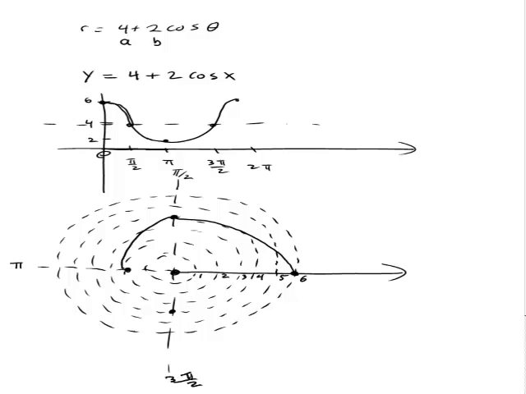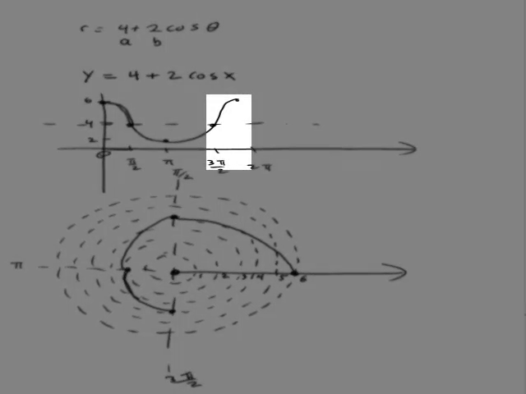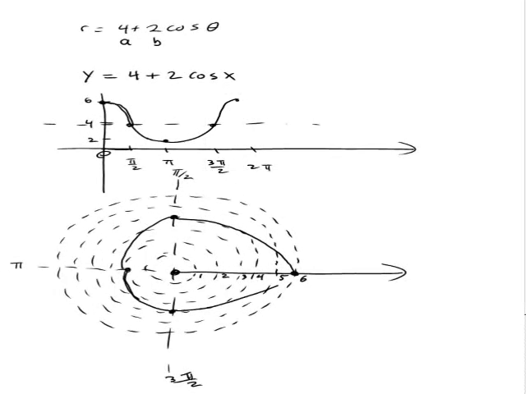So you have something like this. Okay, and then the last piece is going to be from 3 pi over 2 to 2 pi. We're going to go from 4 back out to 6, so it's right back here at the beginning.